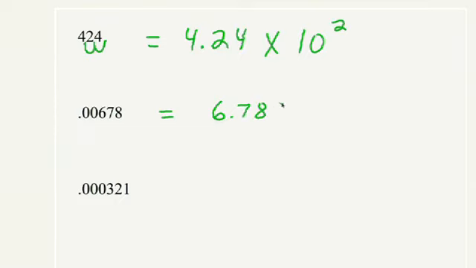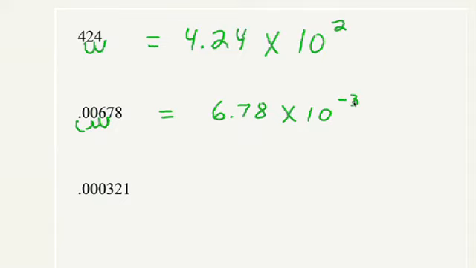So I ask myself, if the decimal point had been here, how many places would I have to move it to get over to here? That's 1, 2, 3 places to get it over to there. So this is 6.78 times 10 to the minus 3 because it's being moved to the left.